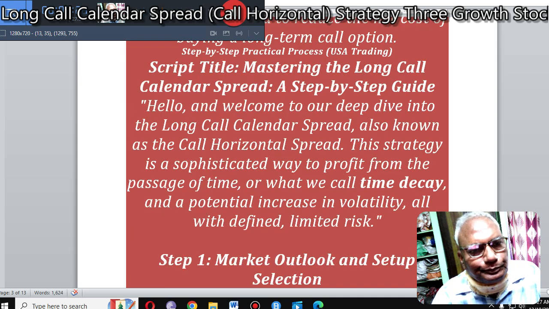Hello and welcome to our deep dive into the long call calendar spread, also known as the call horizontal spread. This strategy is a sophisticated way to profit from the passage of time, or what we call time decay, and a potential increase in volatility, all with defined, limited risk.